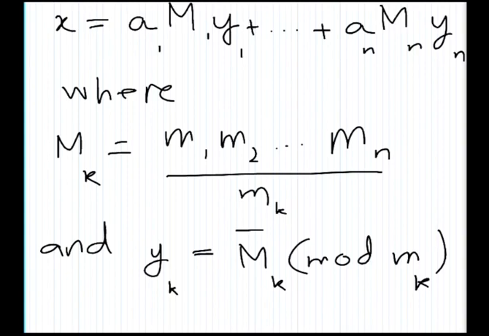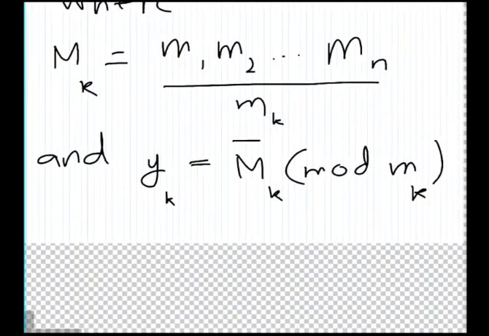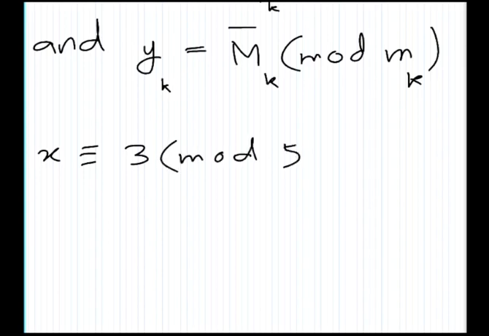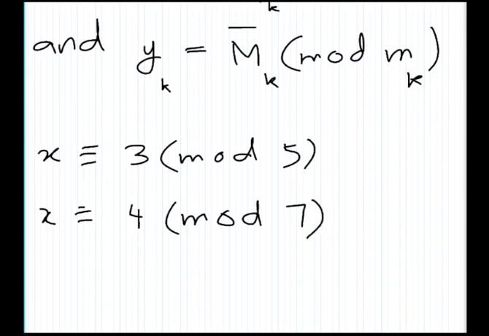Okay, the proof is straightforward, but let's see an example of that. Let's say that we have a number x, and x is congruent to 3 mod 5, and x is congruent to 4 mod 7, and x is congruent to, let's say, 2 mod 3.